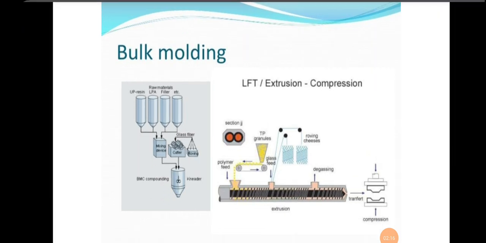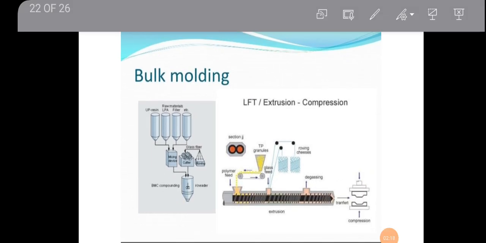In these different categories, we choose raw materials. Actually, in composites, we can combine two or more materials to create a single component.